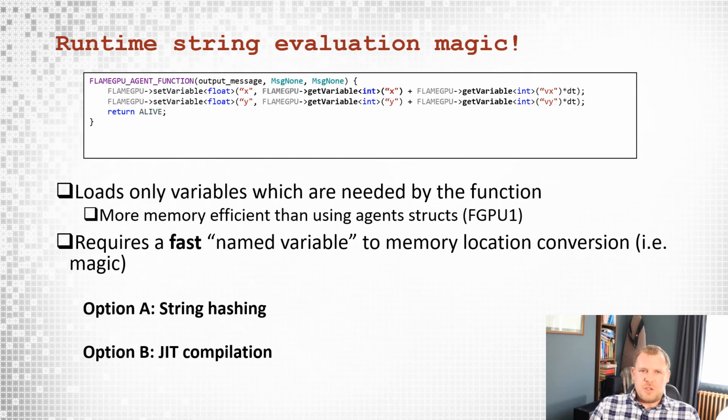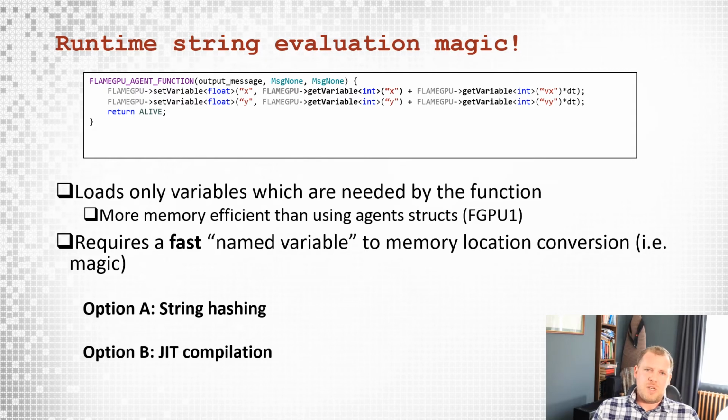As you can see, the specification of agent functions is doing something clever behind the scenes, because we're naming agent variables using strings. This is necessary because we cannot build individual structs that represent agents like we did in FLAME GPU 1. To do so would require templated generation of those structures, and that's something that we'd like to avoid.